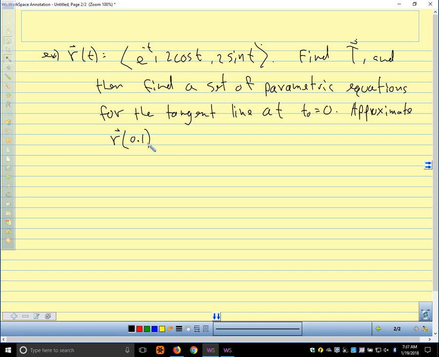All right, so let's do this problem. R prime. We need R prime, and we need the magnitude of R prime. R prime of t is negative e to the minus t, minus 2 sine t, and 2 cosine t.